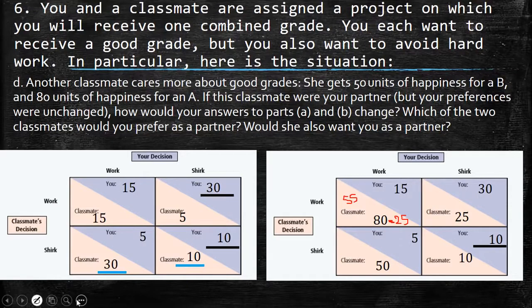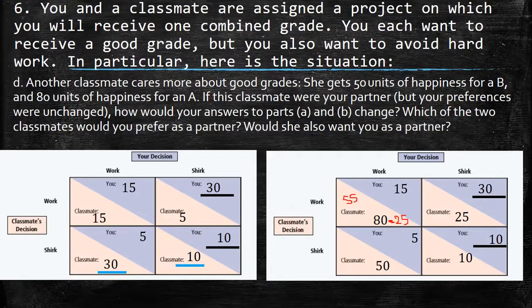Then when the other one works, what should I do? Work or shirk? Shirk should be better because I receive 30. Okay, so these remain exactly the same as the previous one. Let's analyze the other side. What about this one? If the other person shirks, I mean your decision.